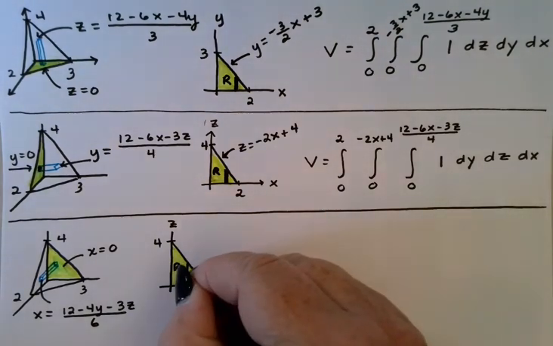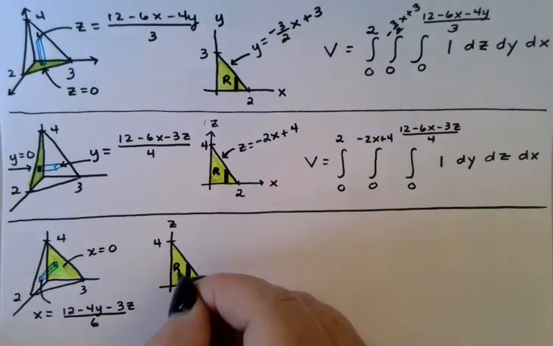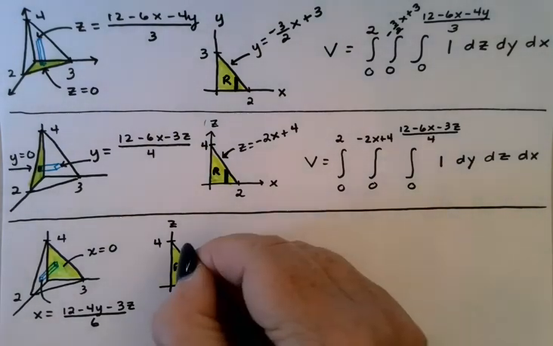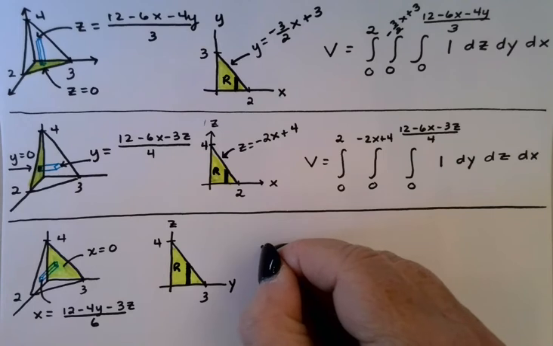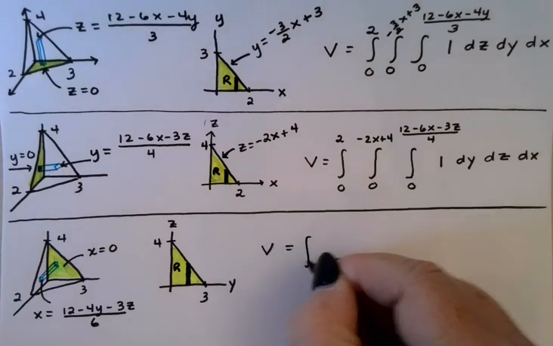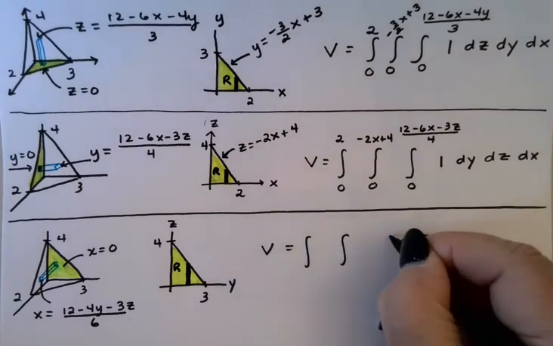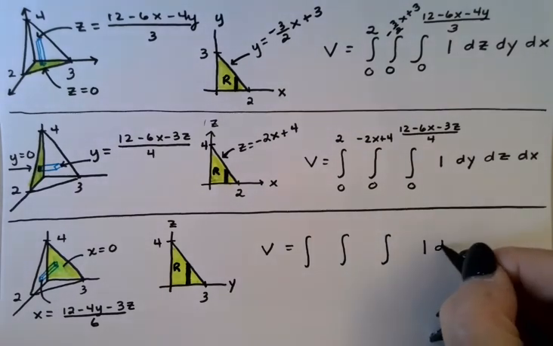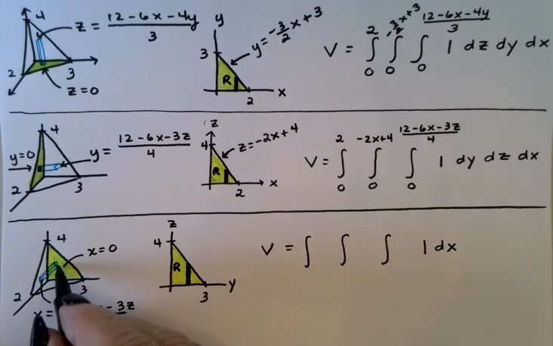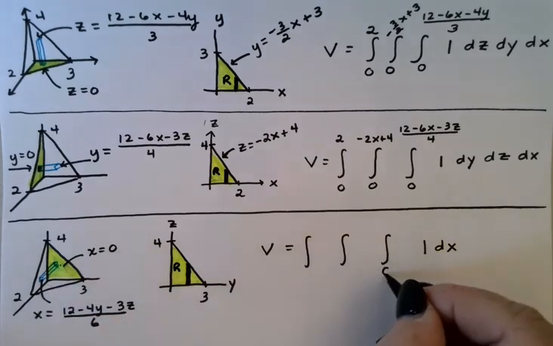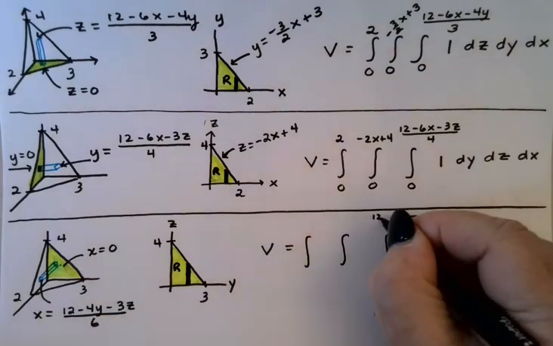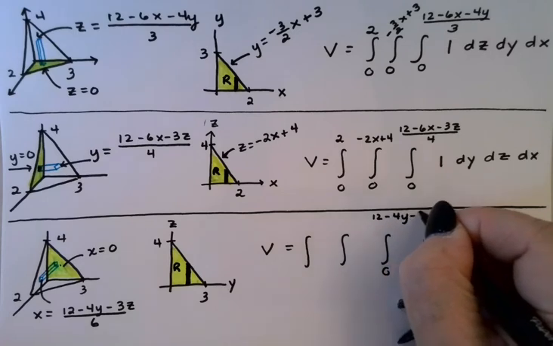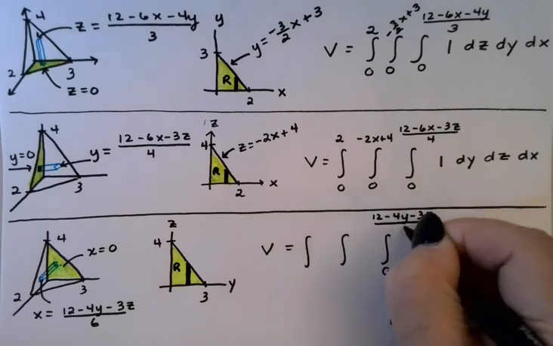I'm going to be boring and go with vertical rectangles again. All right, let's start setting up our volume integral. We're going to integrate 1, and we're doing dx first. So from back to front, 0 to 12 minus 4y minus 3z over 6.